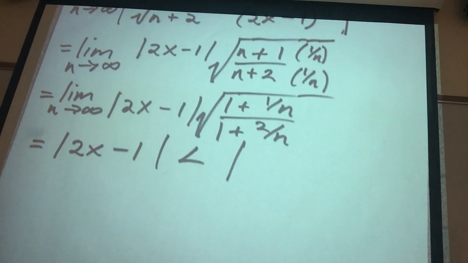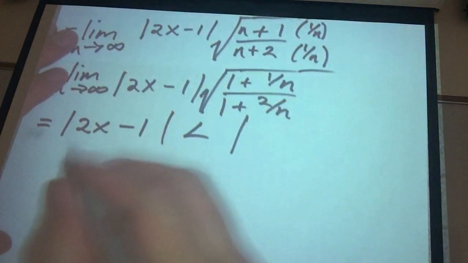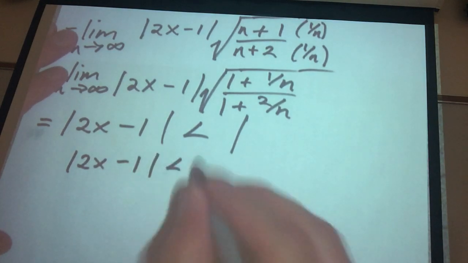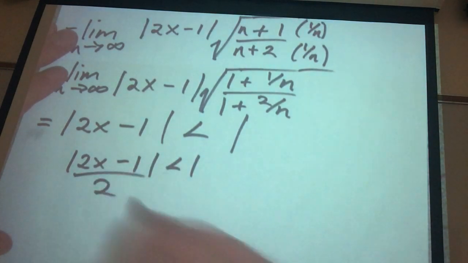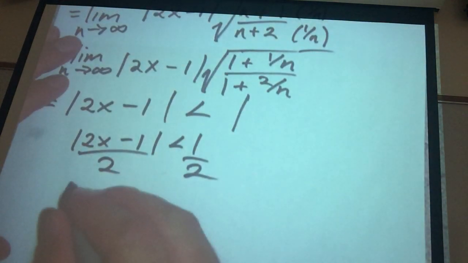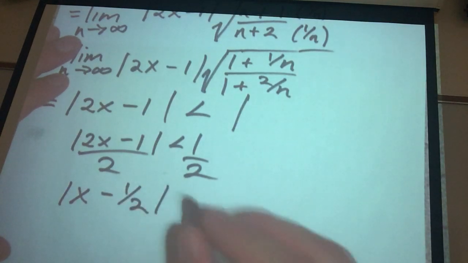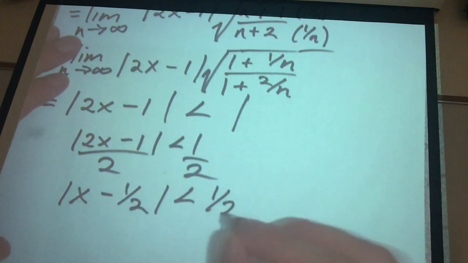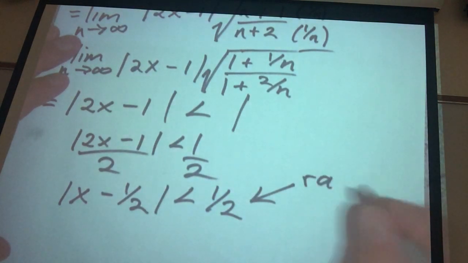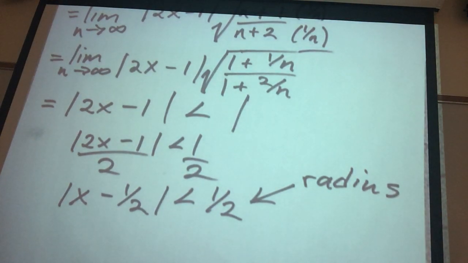So I'm going to take that absolute value of 2x minus 1, which is less than 1, and divide everybody by 2. I end up with the absolute value of x minus 1 over 2 is less than 1 over 2. And that right there is our radius, 1/2.